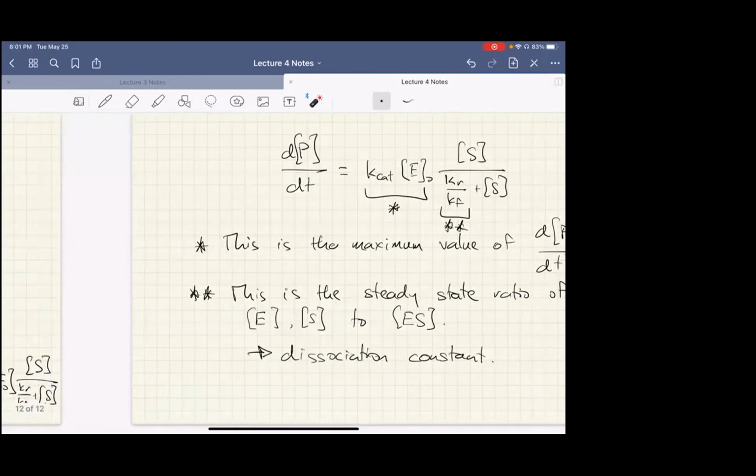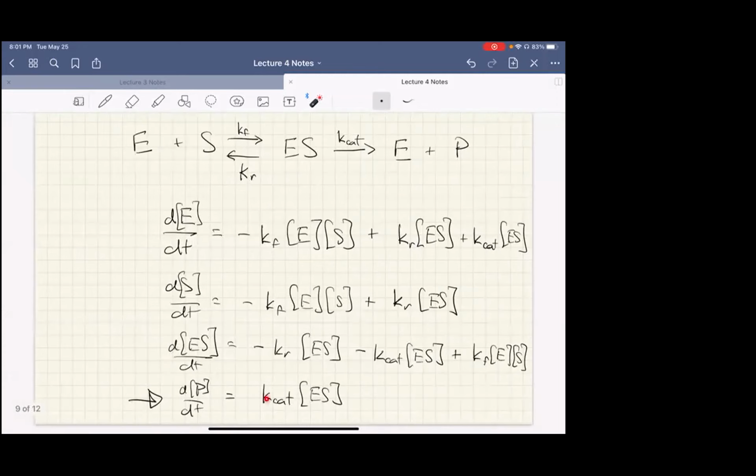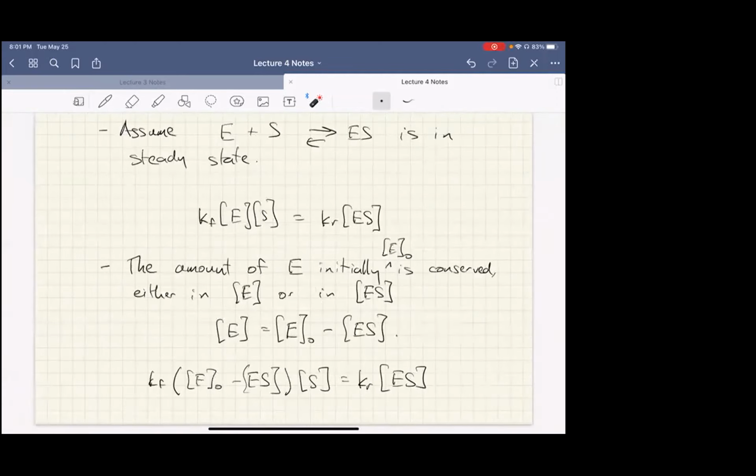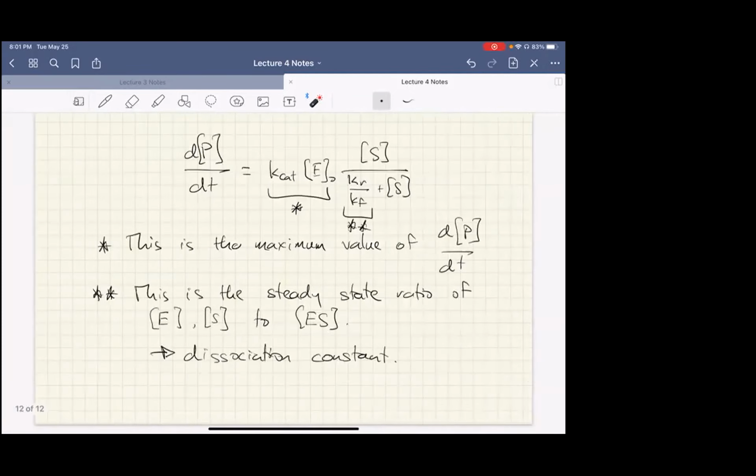But we did actually manage to take this nonlinear family of equations right here, transform them into a single equation in P and S that has constants that are physically meaningful.